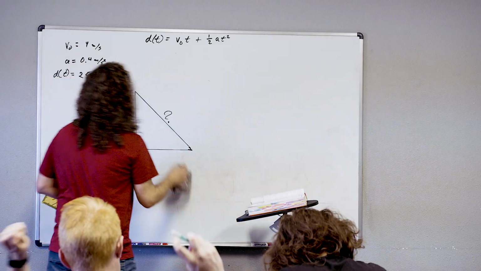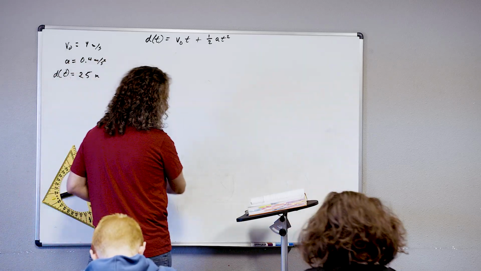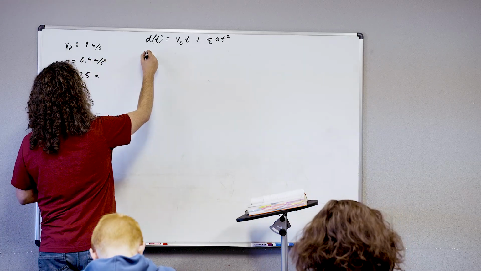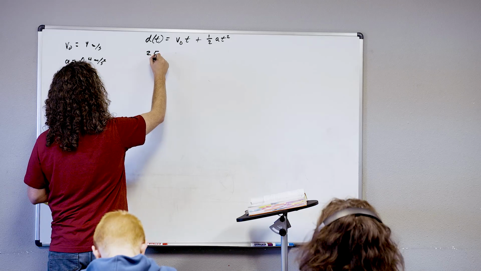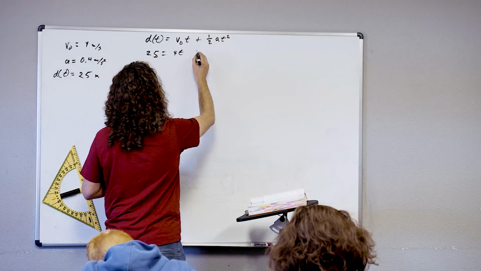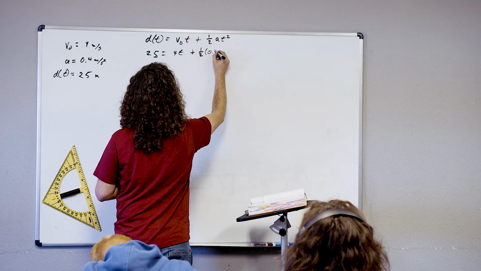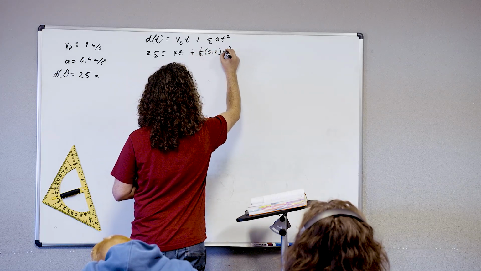But that's got to be what it means because there's no other possibility. Okay, so we start shoving stuff in here. 25 equals 4t plus 1/2 times 0.4 t squared.